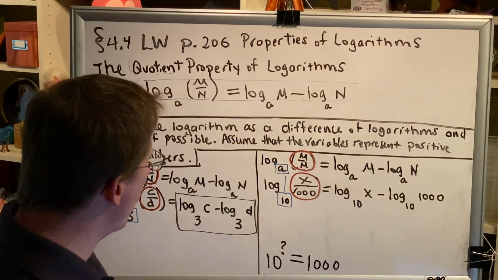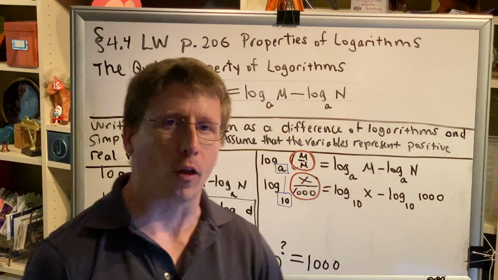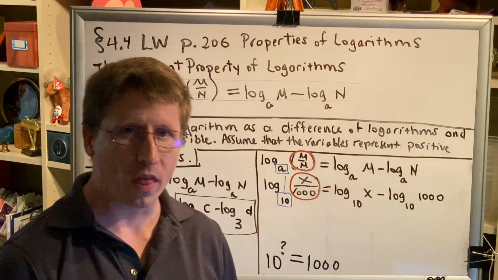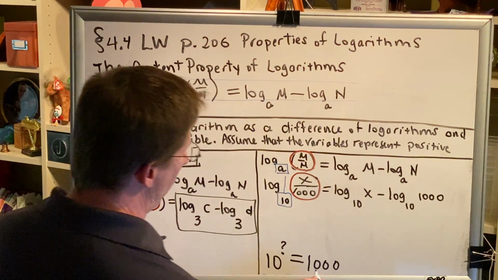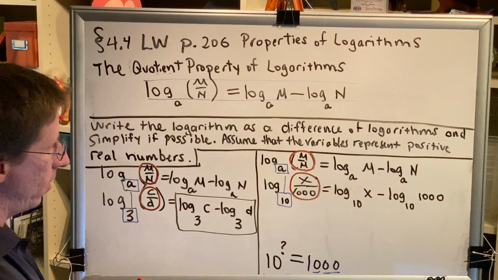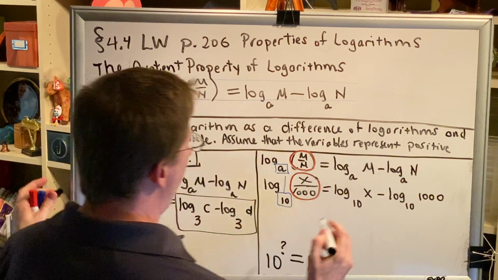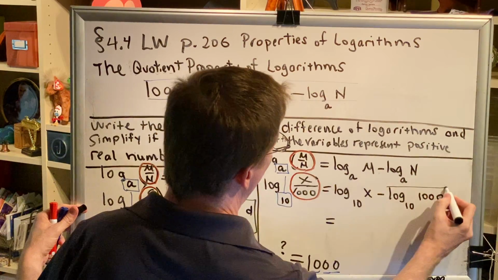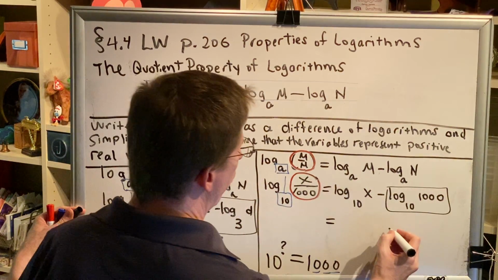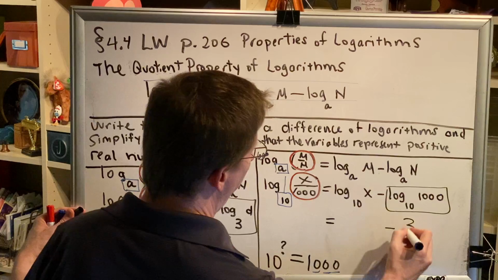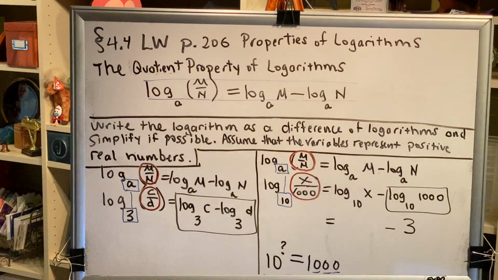How many times do you have to multiply 10 by itself to get the number 1,000? Well, that's easy. Just count the zeros. 3. So the missing exponent is 3. Therefore, the value of the logarithm is 3. This entire logarithm gets written as the number 3.